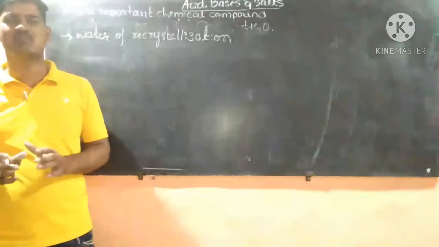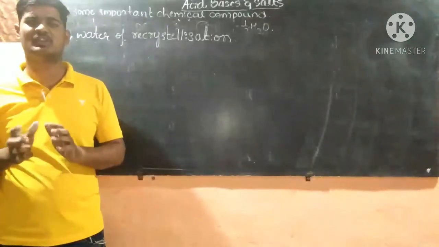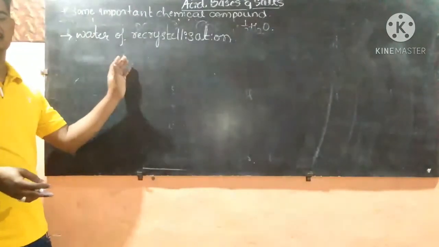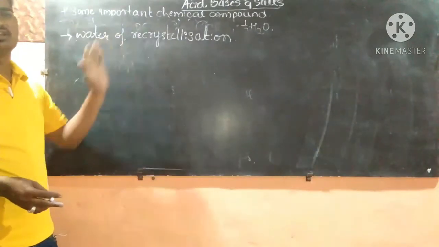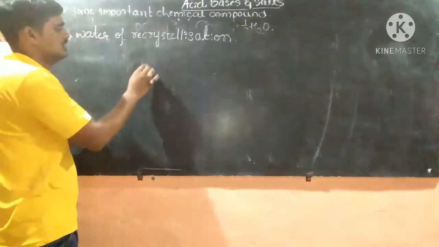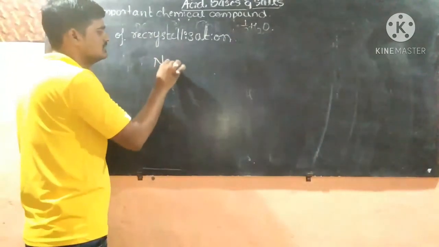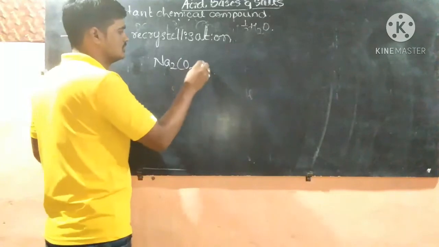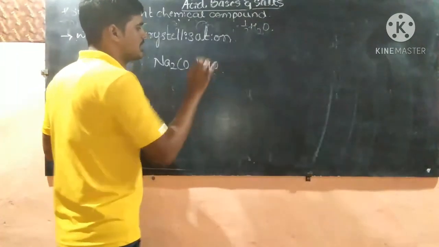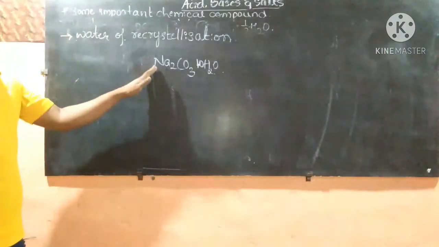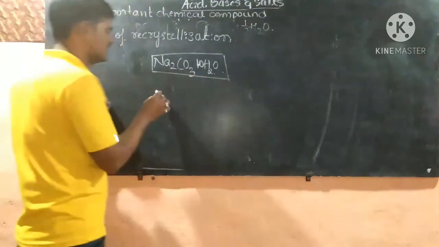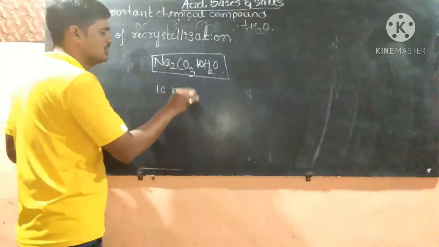The fixed number of water molecules present per formula unit of a salt is known as water of crystallization. Let me take one example of a compound, that is sodium carbonate, washing soda. One formula unit of washing soda contains 10 molecules of water.